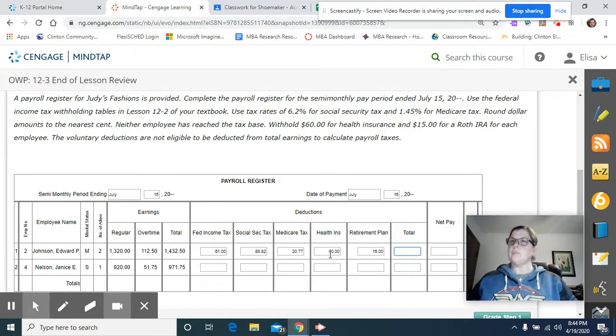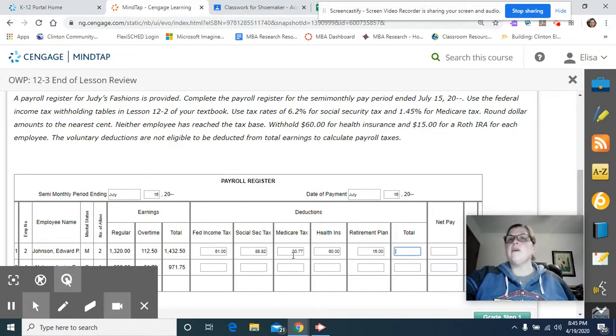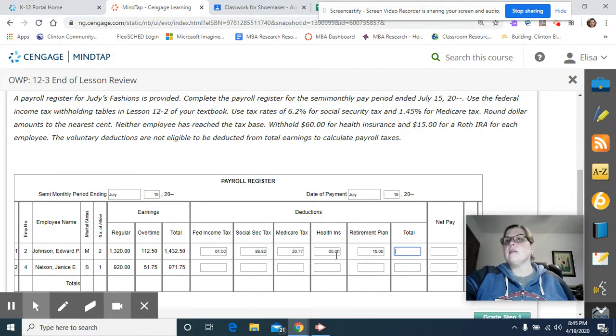So the net pay, once we do all the math, so we're going to take the $1432.50, we're going to subtract $61 for federal tax, $88.82 for Social Security, $20.77 for Medicare, $60 for health insurance, $15 for a retirement plan.